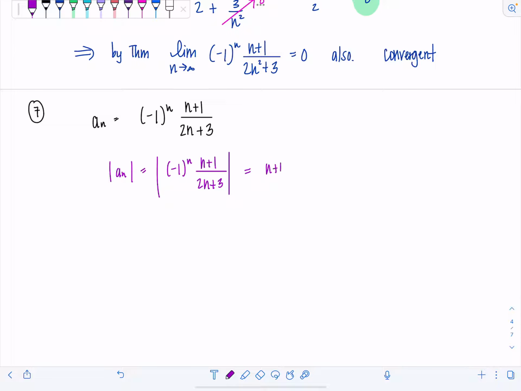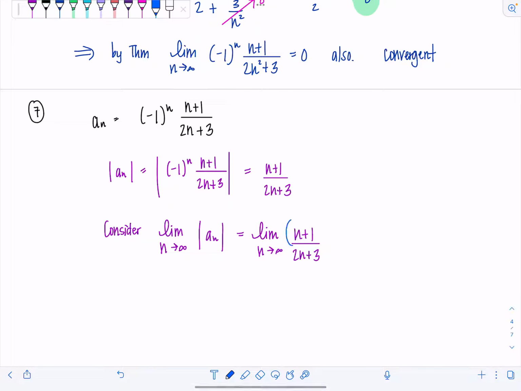So now we just have (n + 1) over (2n + 3). All right? So now we're going to say, let's consider the limit as n approaches infinity of the absolute value of a_n. So the limit as n approaches infinity of (n + 1) over (2n + 3).